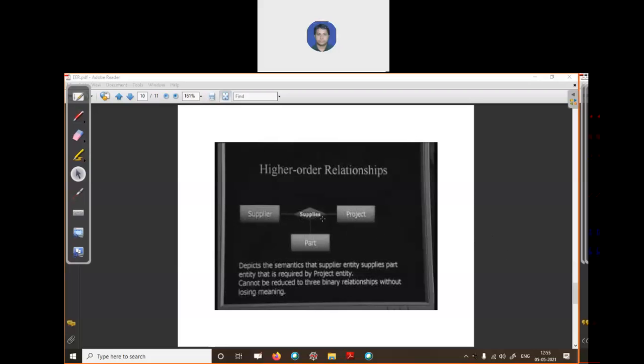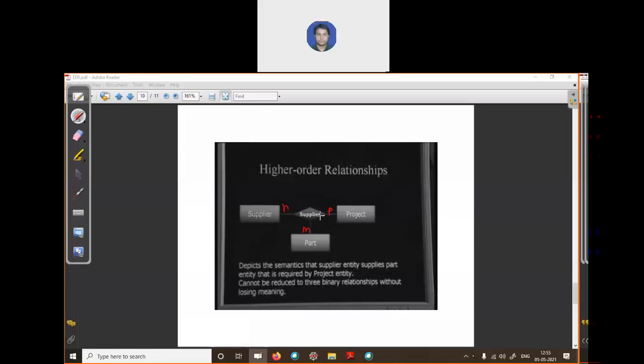Okay, so you can see here there is a supplier. There's a chance there may be n suppliers. N suppliers may supply M parts to P projects. There is no restriction. Just try to understand this relationship first.